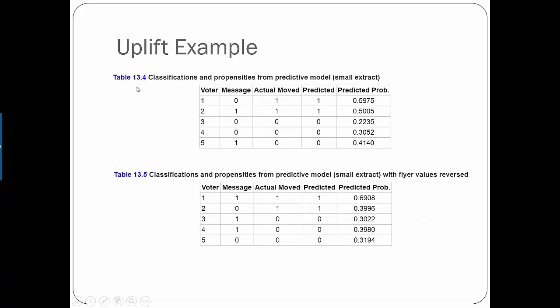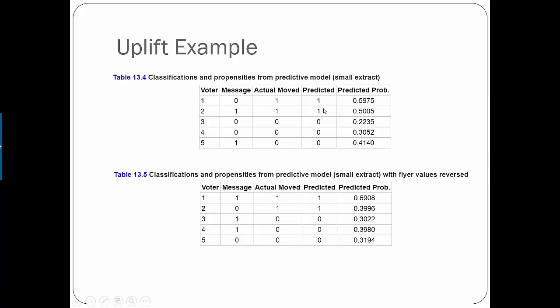Then suppose we compute probabilities using some model. You divide the data into training and validation sets, train the model, and then you have the predicted probabilities as is.